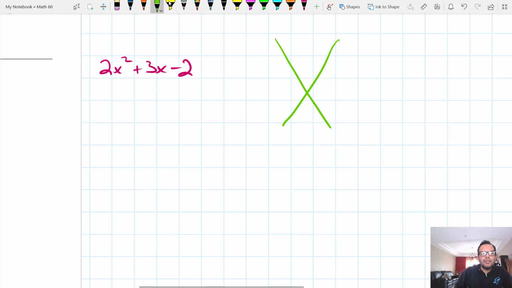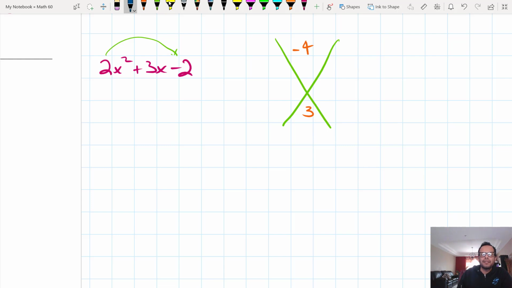In order to get that, we multiply 2 times -2 to get -4, and bring the middle coefficient. So in this case, we're going to look for factors of -4. Give me a second. It should be -4 at the top of the diamond. Okay, so look for factors of -4 that add up to +3.